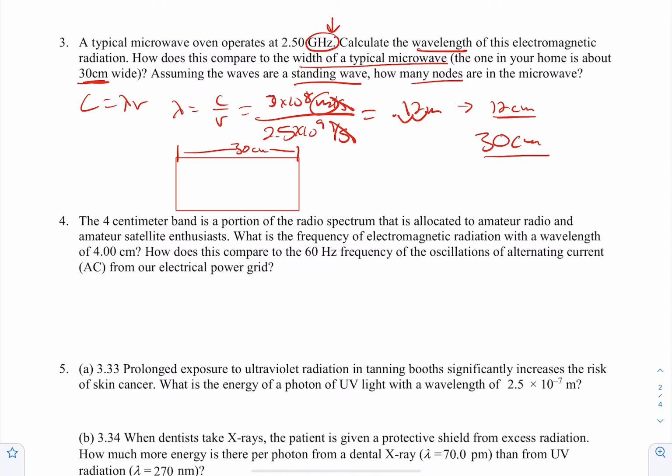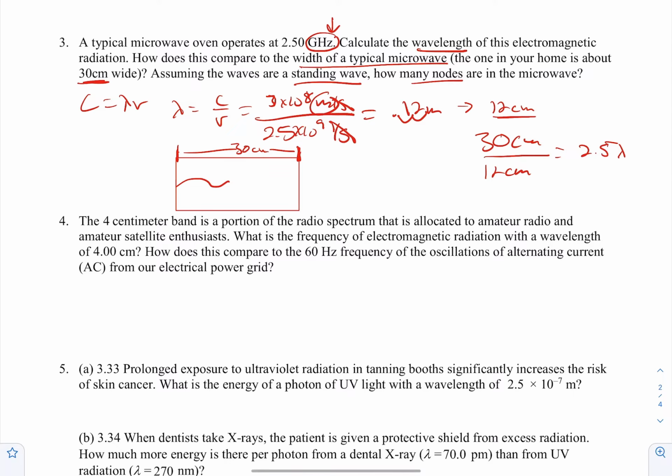If I divide by a wavelength, it tells me how many wavelengths fit within that space. If I divide 30 by 12, that gives me 2.5 wavelengths. Now, what does that mean? That means when it's going across the microwave, it looks like this: 1, 2.5. Whoops, that's kind of ugly. Let's see.